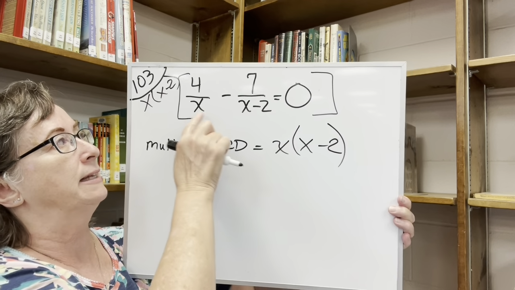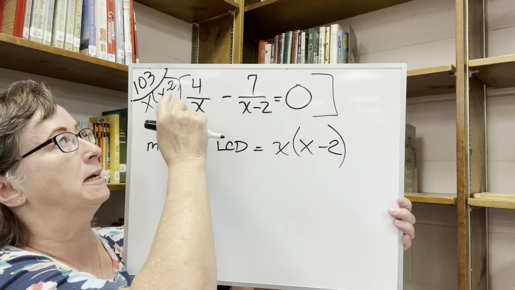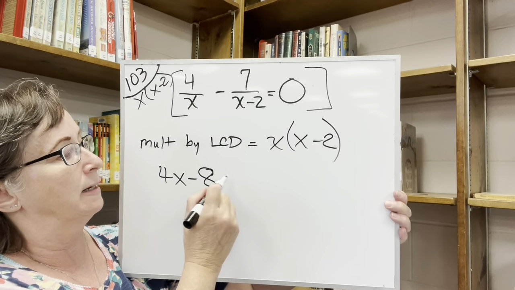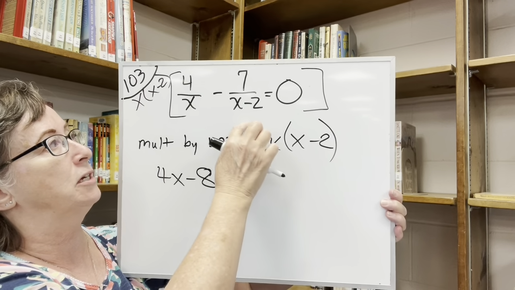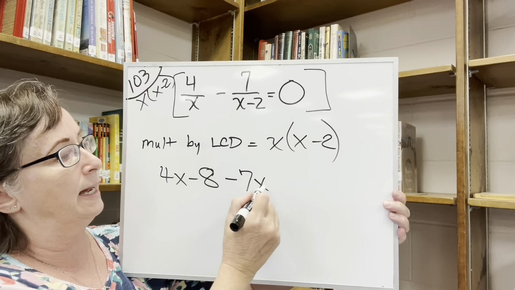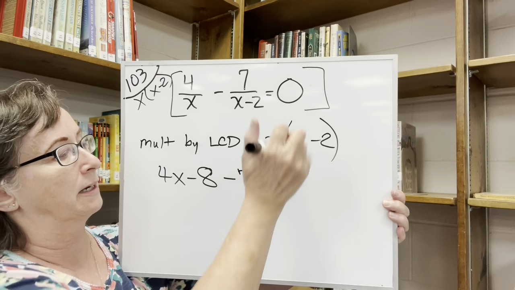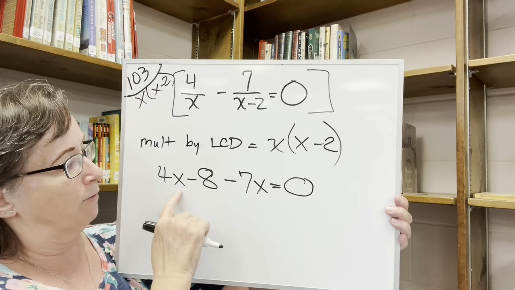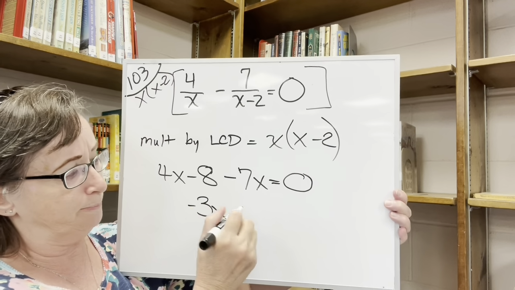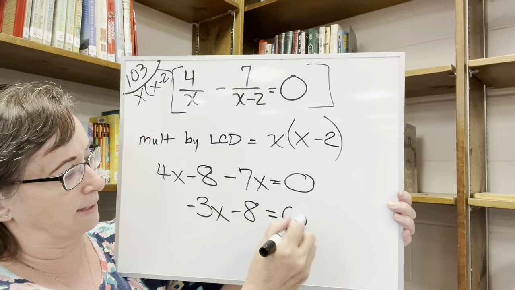Okay, so the x and the x will cancel, so 4 times x minus 2 will be 4x minus 8 minus, now the x minus 2 will cancel, leaving the x times the 7, 7x. Everything's going to go out because of the 0. 4x minus 7x is minus 3x. Minus 8 equals 0.